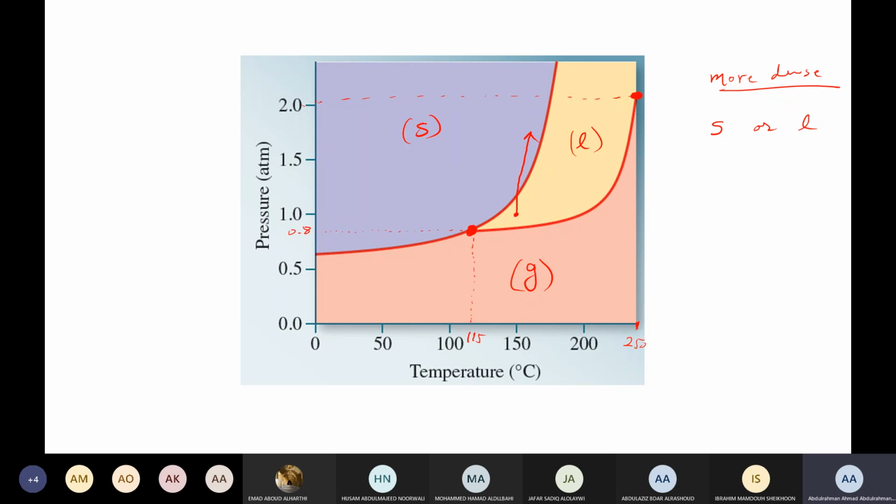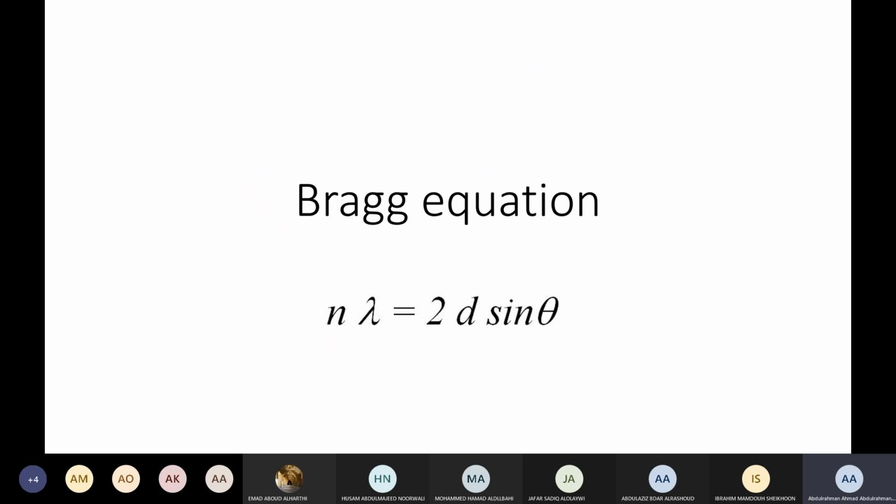It will change, going to be solid. This means solid is more dense than liquid. Clear? Okay, good.